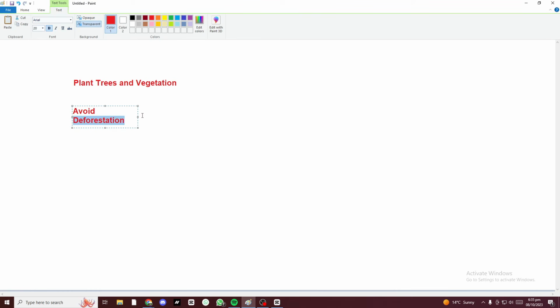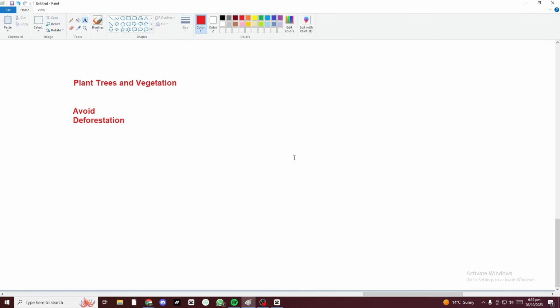We can avoid deforestation by avoiding cutting down trees on slopes. We can make sure that the tree's roots continue to hold up the soil in these hilly areas. So protecting forests can prevent erosion and mass movements.